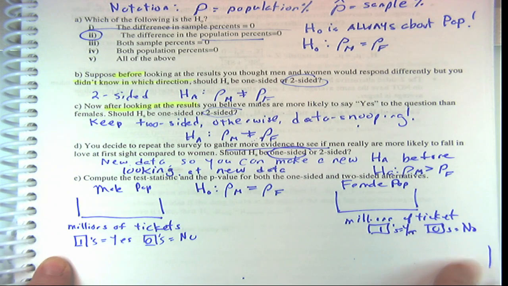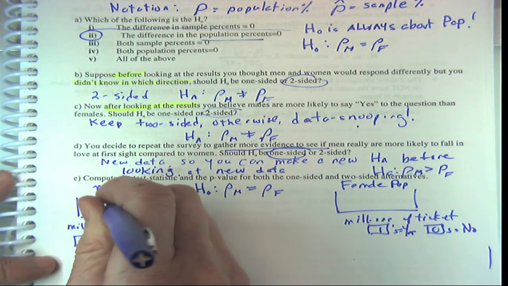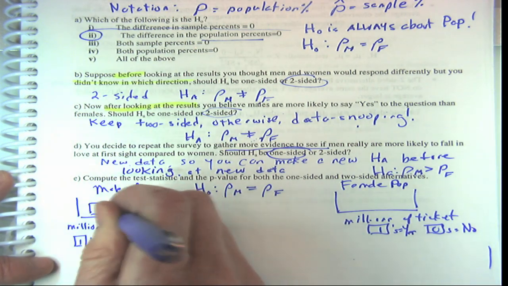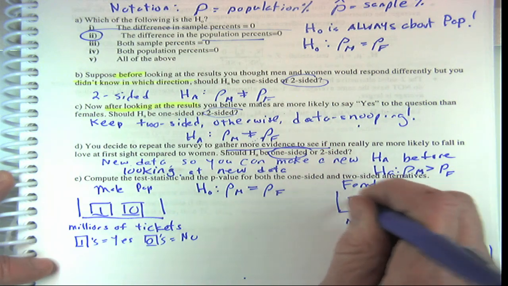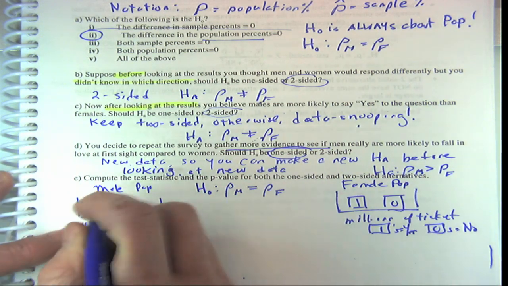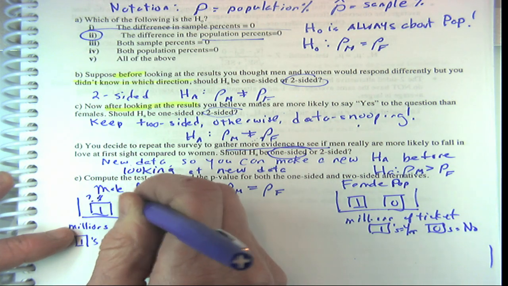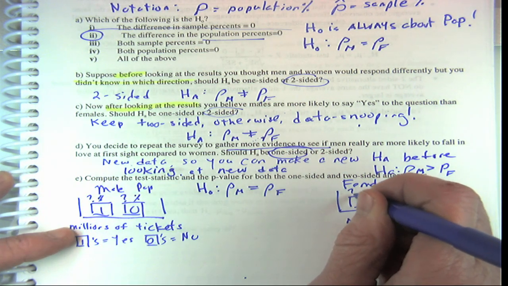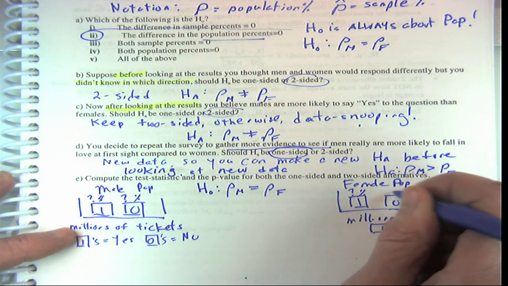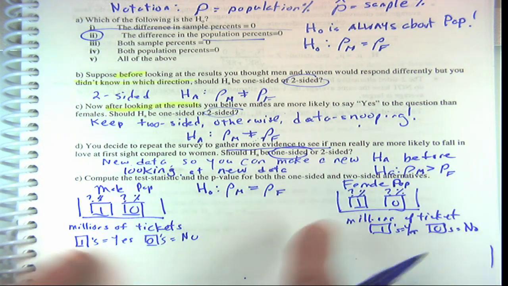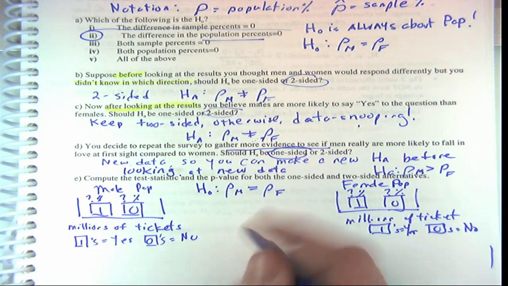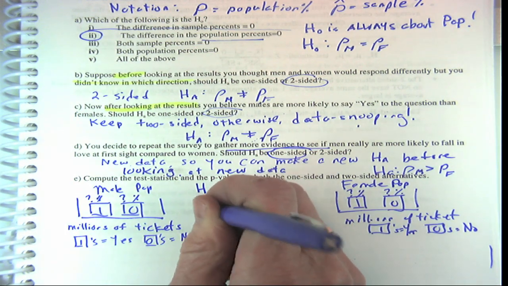So we have ones and zeros, and here we have ones and zeros. But we don't know this percent. This is unknown. So we'll put a little question mark, unknown percent. Of course, it has to sum to 1, but they're unknown. And then our alternative, what does it say?